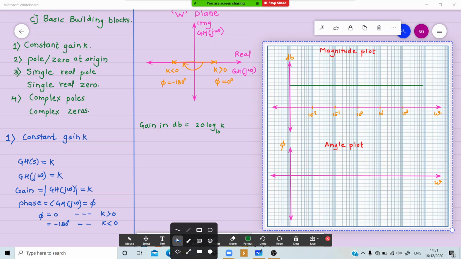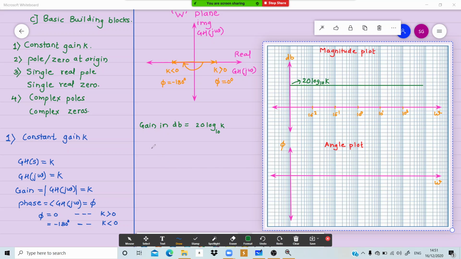One thing is getting cleared in our mind: whenever gain is there, the plotting will be parallel to the x-axis. No slope will be there for the line. I am talking only about the gain. And this point is 20 log to the base 10 of K, correct?